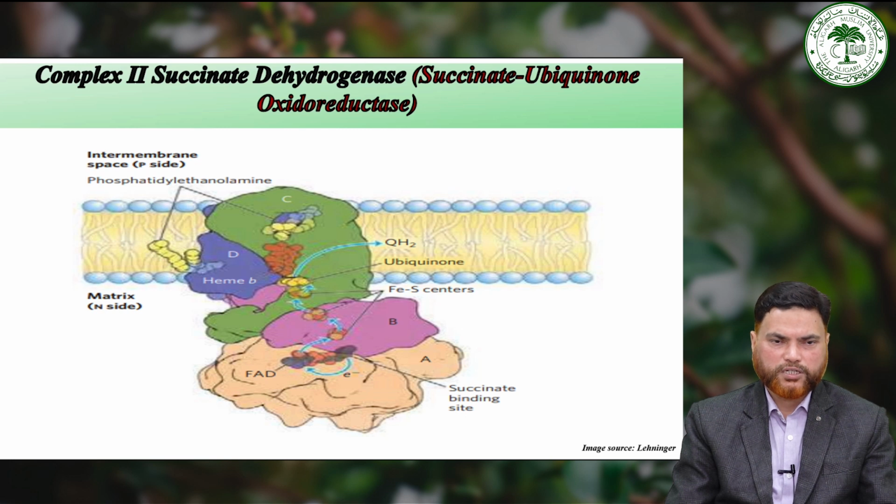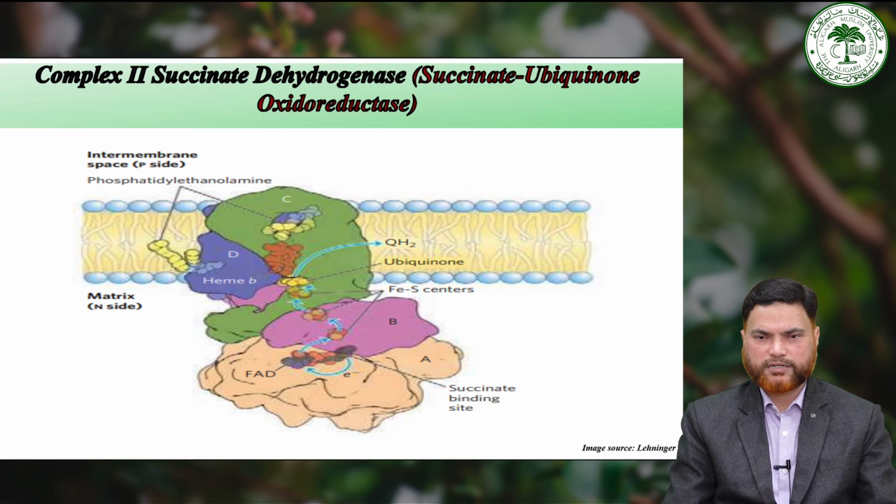How are these proteins arranged? Basically it consists of 2 smaller hydrophobic integral membrane proteins and 2 larger hydrophilic proteins. These proteins further extend into the mitochondrial matrix.